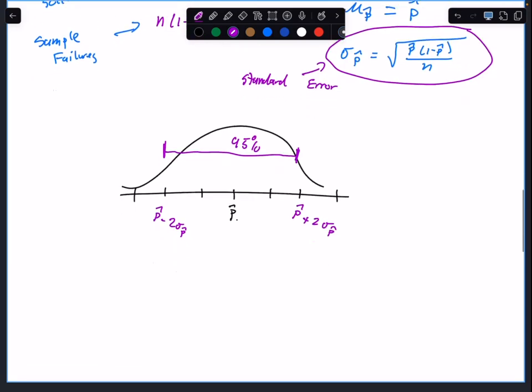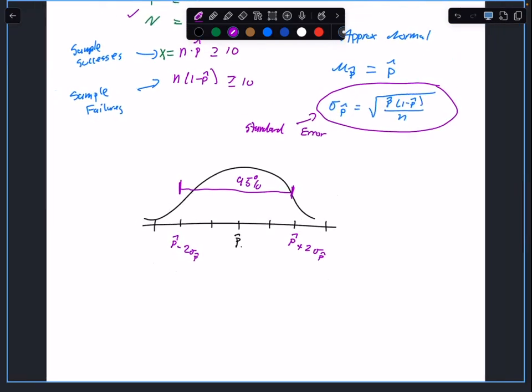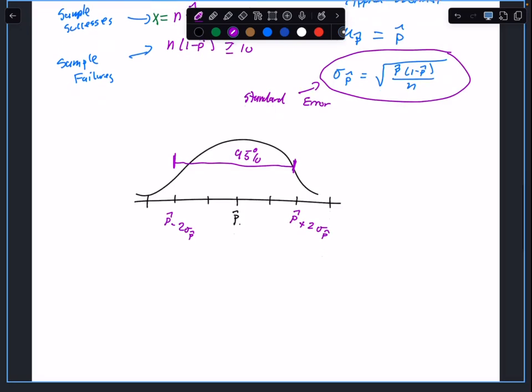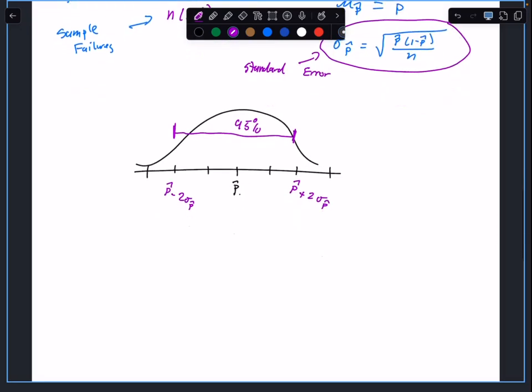Sorry, 2 standard errors, not 2 standard deviations. As we did in our do now, this creates an interval. And that interval would be P hat minus 2 standard errors, comma, P hat plus 2 standard errors.